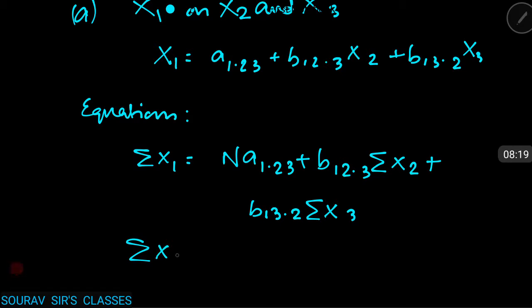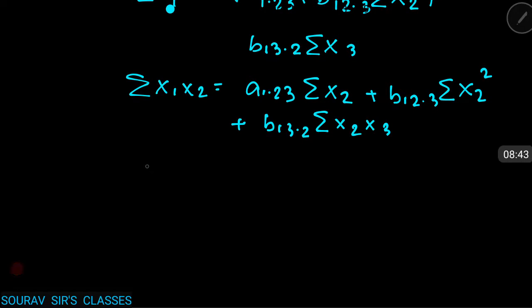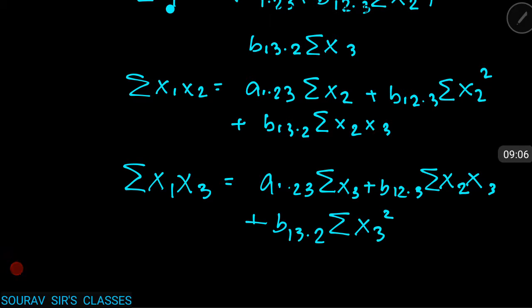Next, summation x1 x2 is equal to a 1.23 summation x2 plus b 12.3 summation x2 square plus b 13.2 summation x2 x3, and summation x1 x3 is equal to a 1.23 summation x3 plus b 12.3 summation x2 x3 plus b 13.2 summation x3 square.